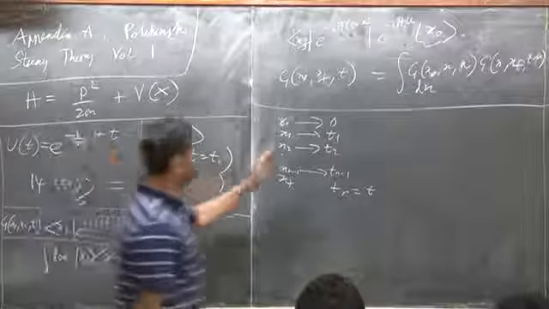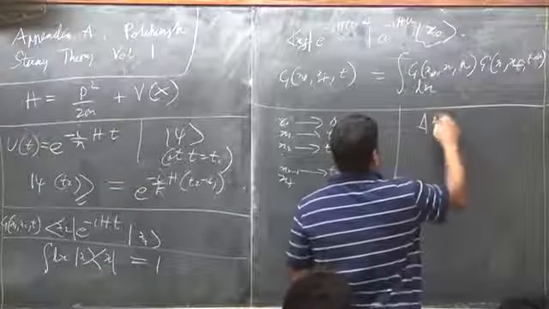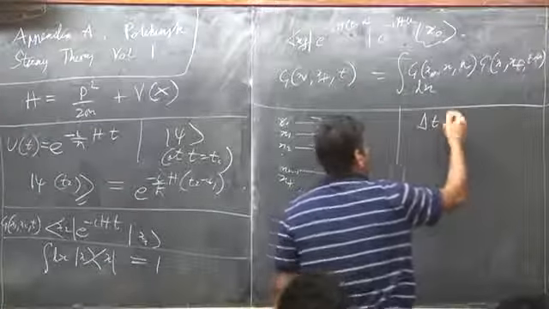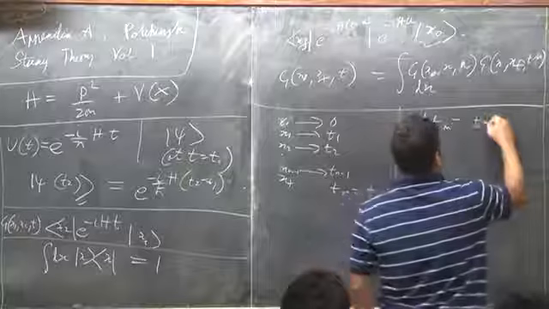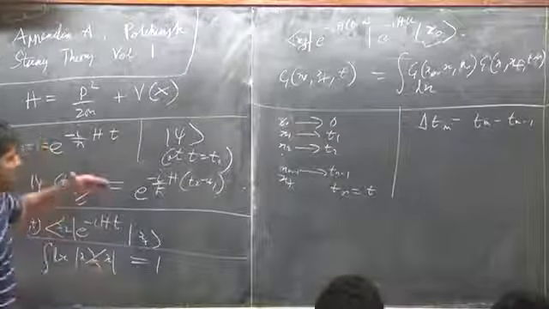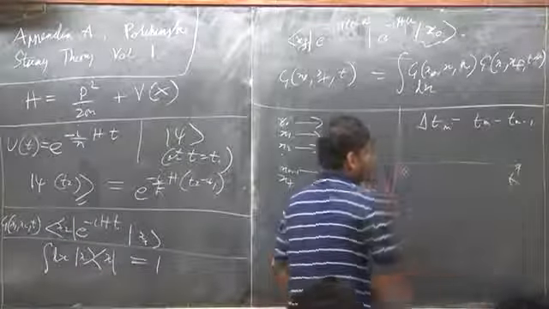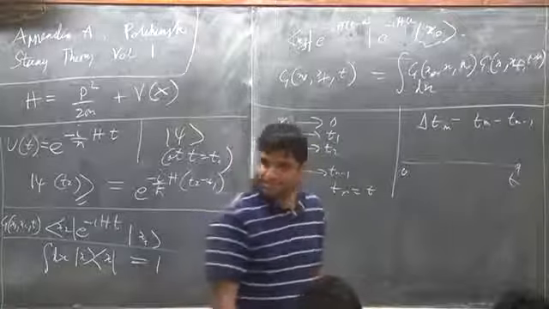Okay? So what we're going to do is break up this evolution operator, and we will use the notation delta tm is equal to tm minus t(m-1). What we're doing is breaking up this entire interval from 0 to t into n different subparts.